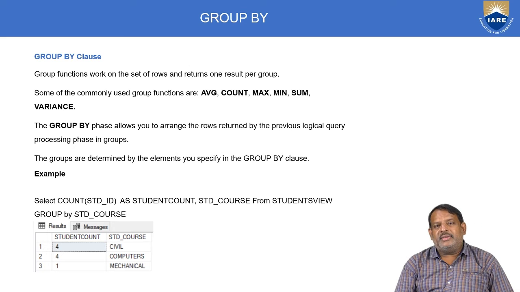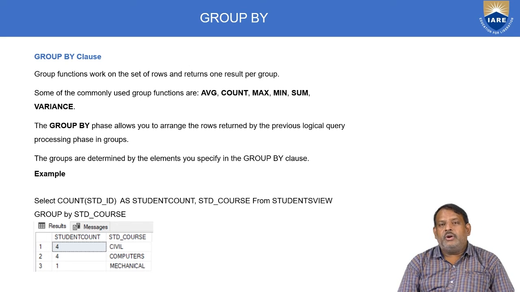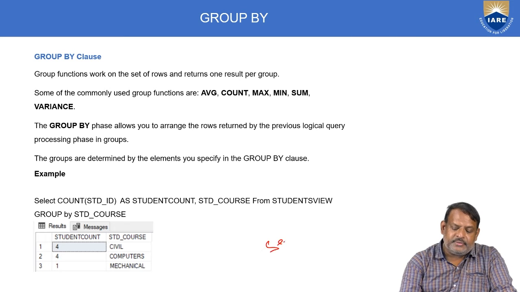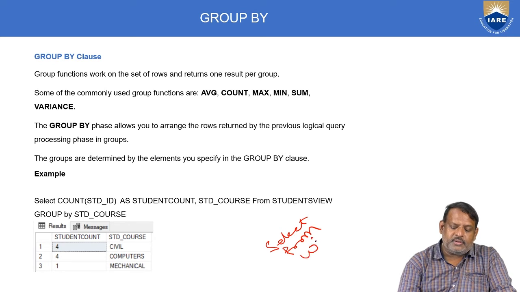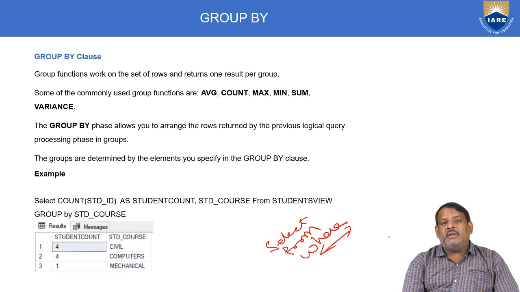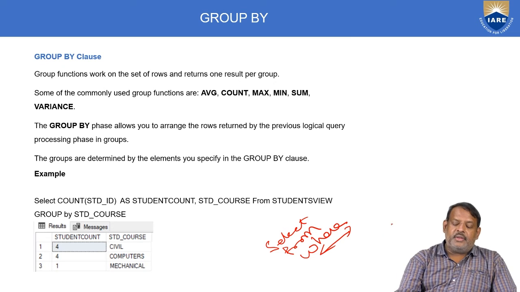After the select statement, we'll go to the group by. So till now we have covered select, from, and the where clause. The where clause we use to filter the data based on the condition. If the condition is satisfied, you will get the data. If the condition is not satisfied, you will not get the data.